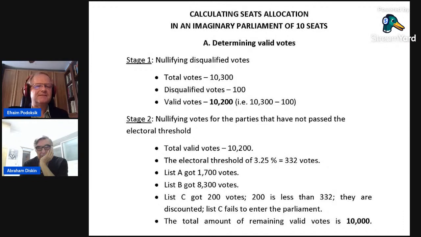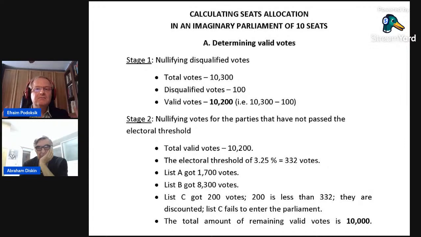Let's look at the hypothetical situation when we have only three lists. List A receives 1,700 votes, List B receives 8,300 votes. So both lists get more than 332 votes. But there is also a third list which received only 200 votes. 200 votes is less than 332, and therefore this list doesn't enter the parliament.